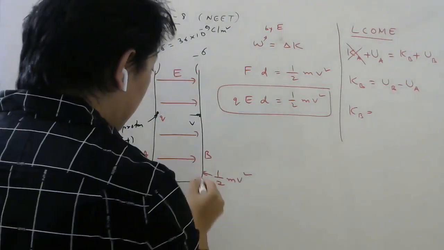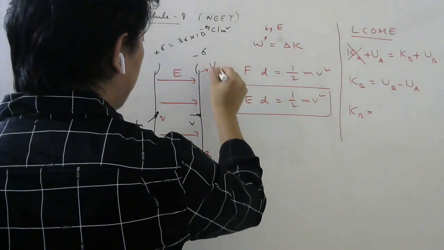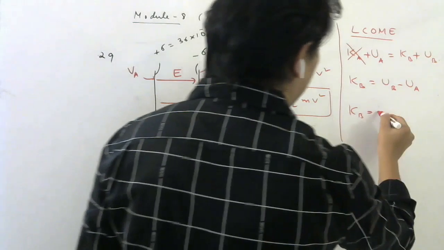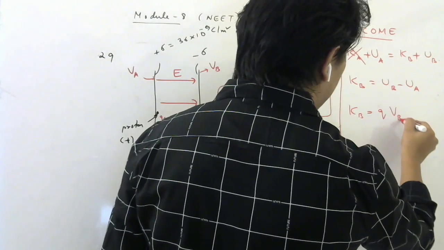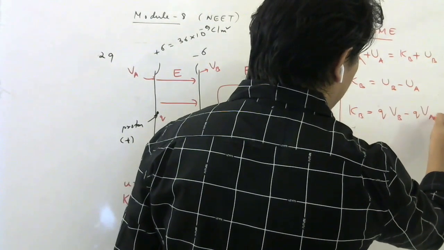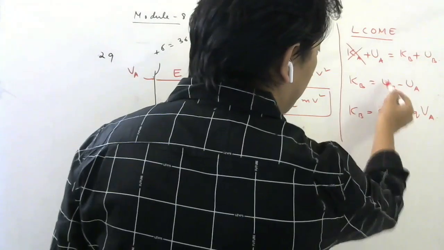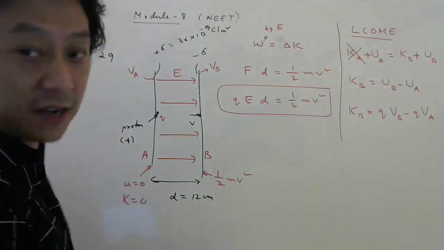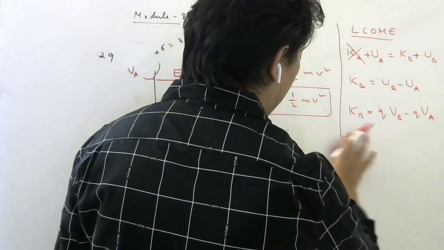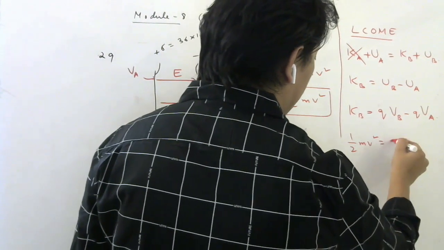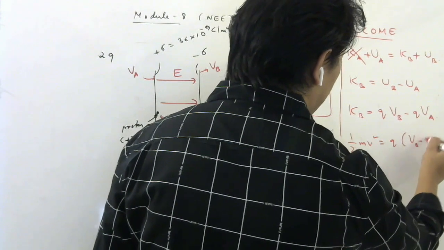So if I say this plate has potential VB, this plate has potential VA, then I can write this as charge into potential. Just check your notes or check the previous videos, you will remember the potential energy and potential relation, right? Okay, so then I can write kinetic energy at B is what? Half mv square, and you charge into VB minus VA.